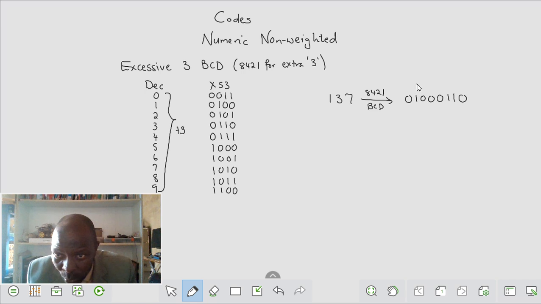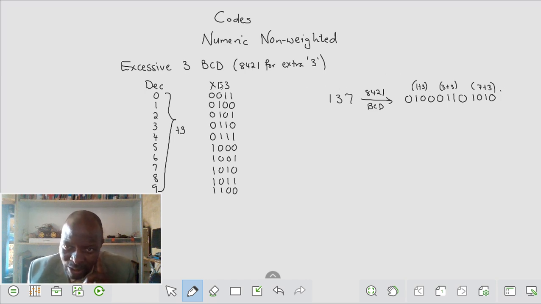The first one is 1 plus 3, the next one is 3 plus 3, the last one is 7 plus 3. So each decimal digit has a 3 added to it. Oh, I'm making a big mistake.